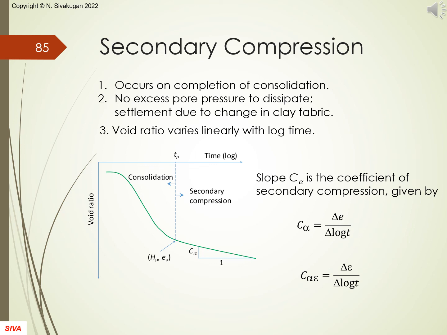Beyond this time tp, the clay continues to compress due to realignment of the clay particles in a process called secondary compression or creep. During secondary compression, void ratio varies linearly with log of time. The slope of this line shown here is known as the coefficient of secondary compression, C alpha.